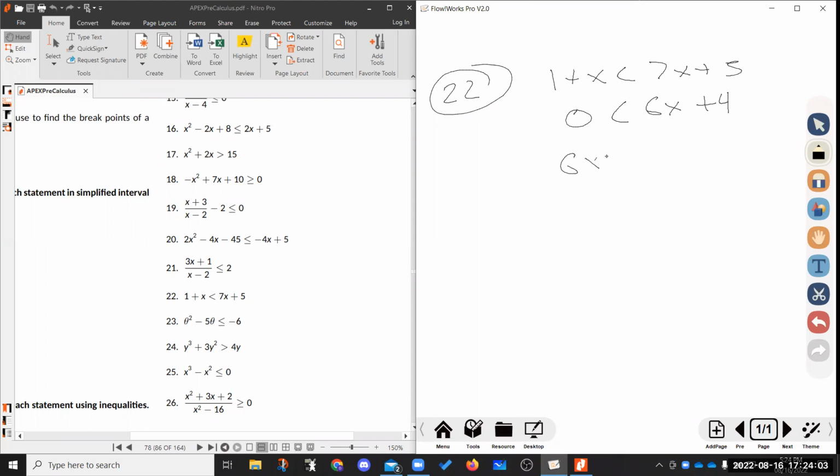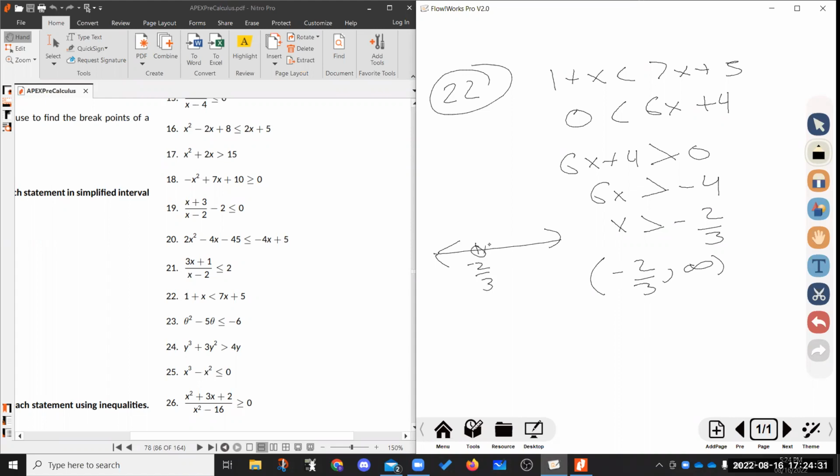Now we can switch the direction of the inequality like so to keep it true. 6x greater than -4, x greater than -2/3. We go -2/3 to infinity. I don't need a number line for that because it's a strict inequality. But if you want it, here's -2/3, not included, and I need to be greater than.